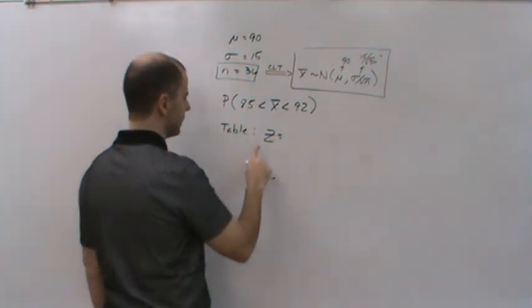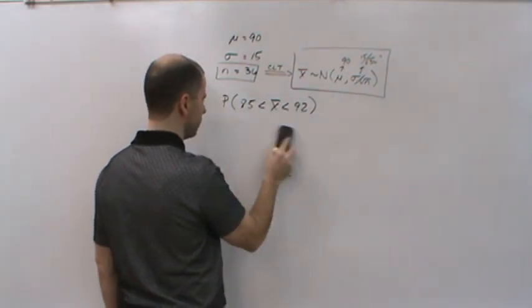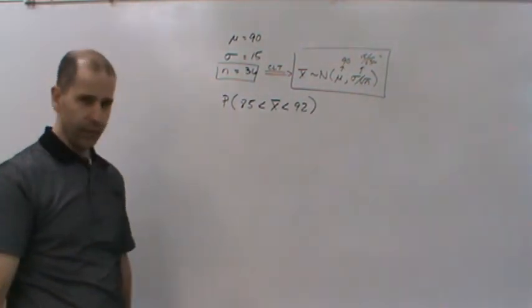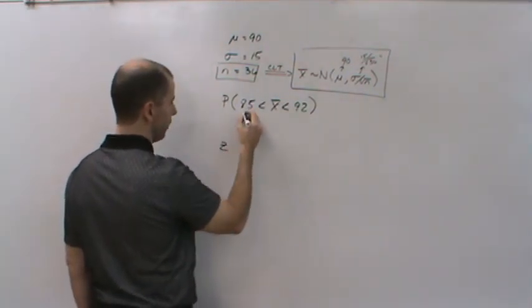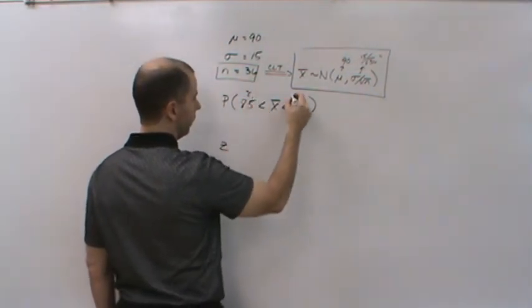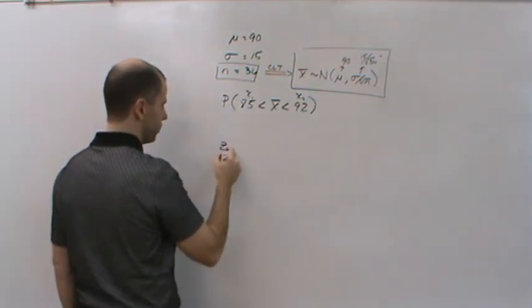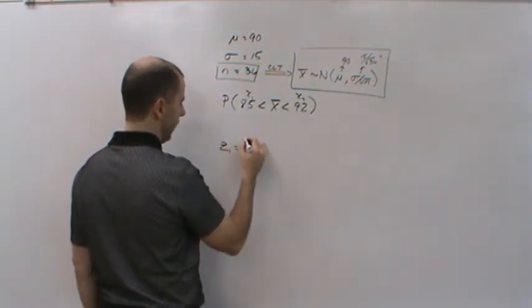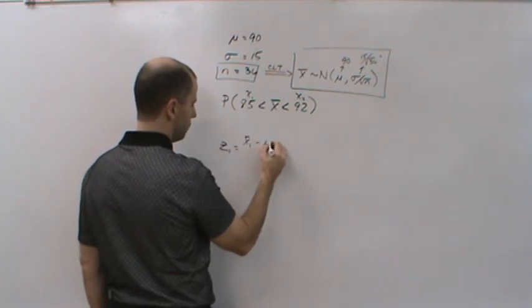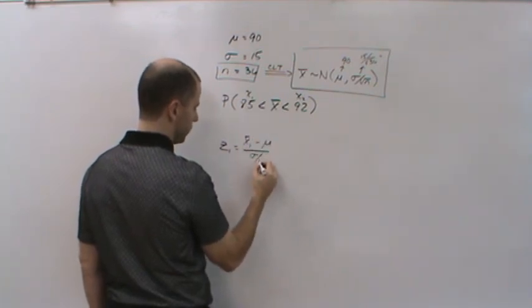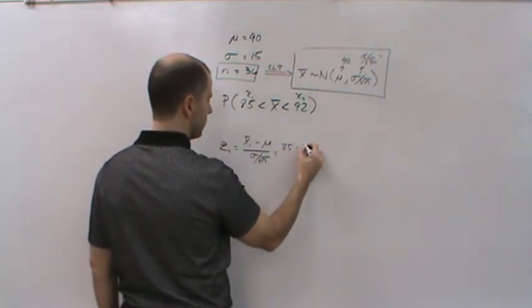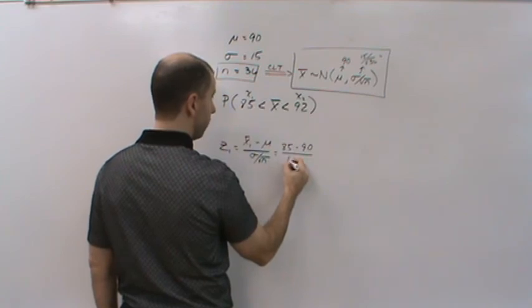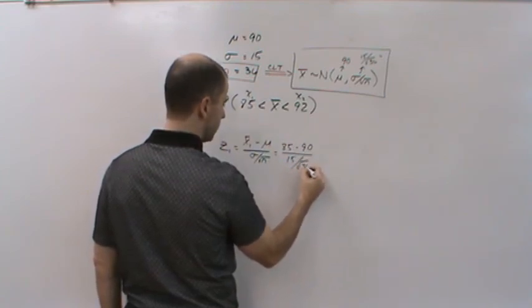And so once I find the z-scores, I have to use the table and subtract the areas, right? So if I want the z-score for this one, let's call this x1, we'll call this x2. So z1 would be x bar 1 minus mu divided by sigma over the square root of n, right? So that's going to be 85 minus 90 divided by 15 over the square root of 36.